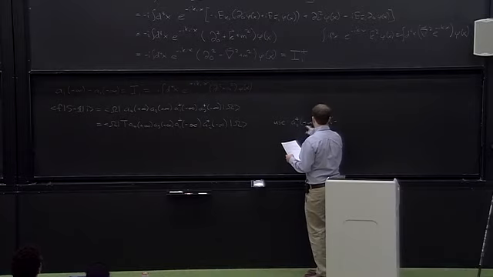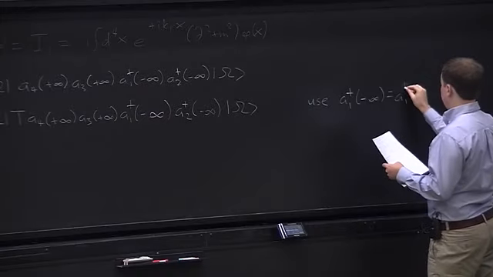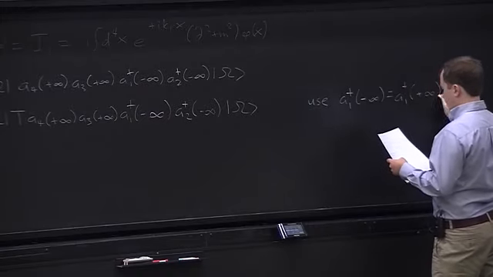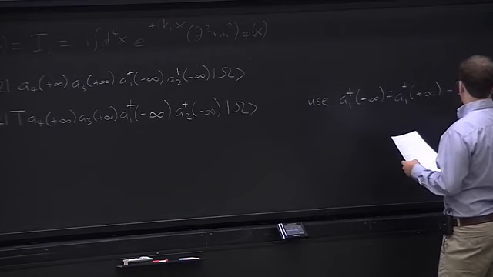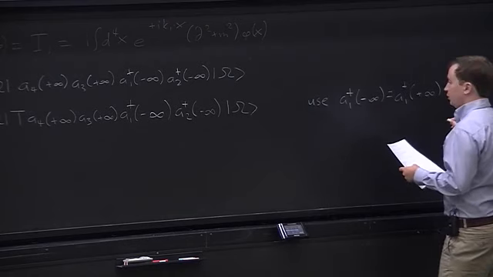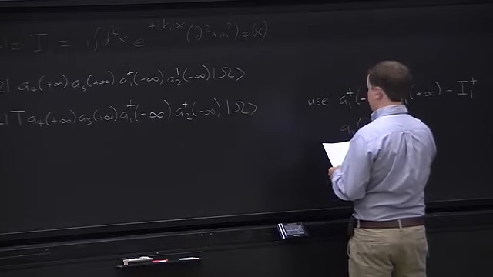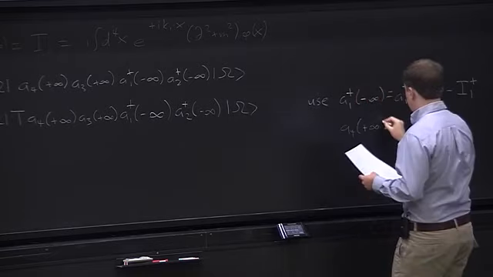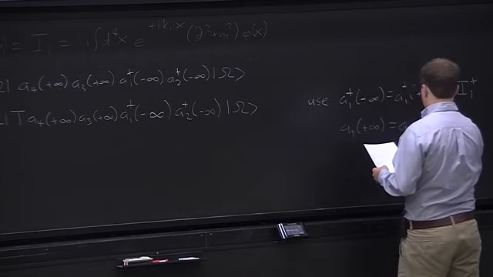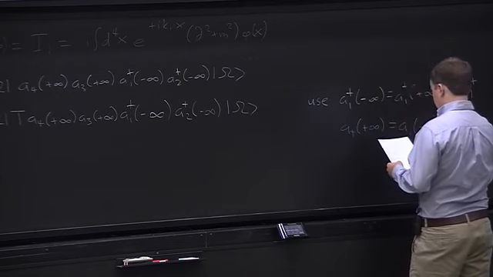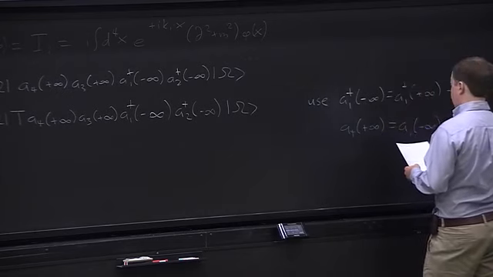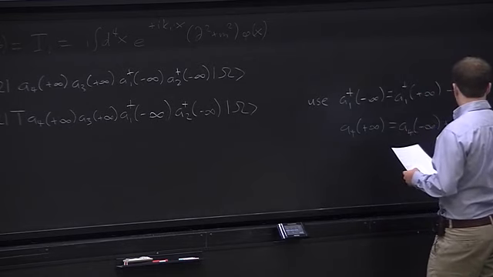So this creation operator in the far past is the creation operator in the far future minus I1 dagger. And all of our annihilation operators in the far future are related to the annihilation operators in the far past by adding this integral.